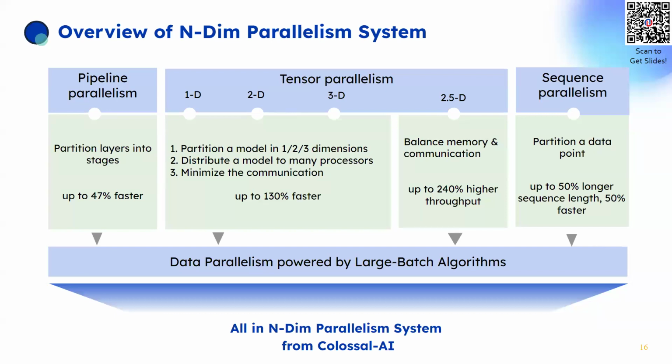ResNet 50 roughly has 20 million parameters. GPT-3 roughly has 200 billion parameters. So you see, GPT-3 is 10,000 times larger than ResNet.